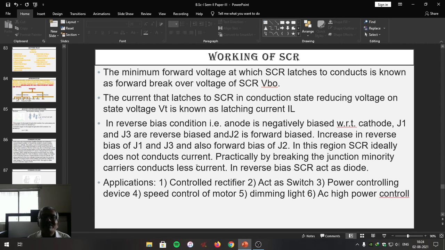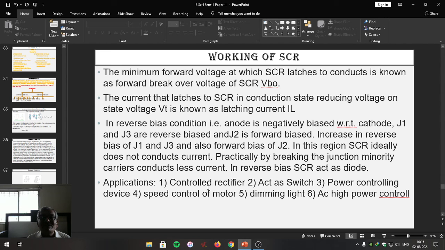Friends, let me see some of the applications of SCR. SCR can be used as a controlled rectifier. Rectifier means the device that converts alternating current into direct current.